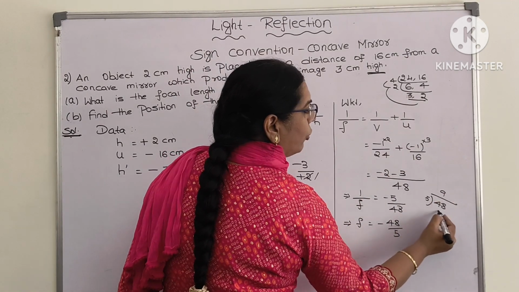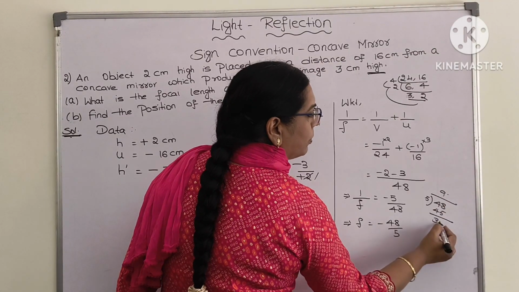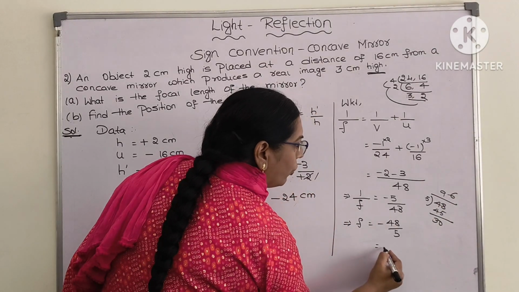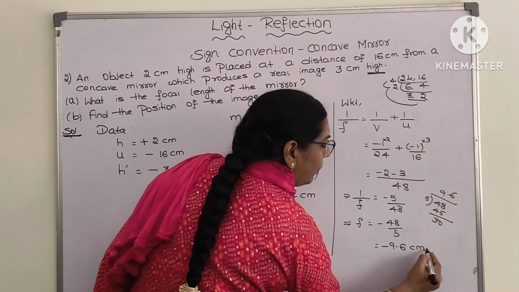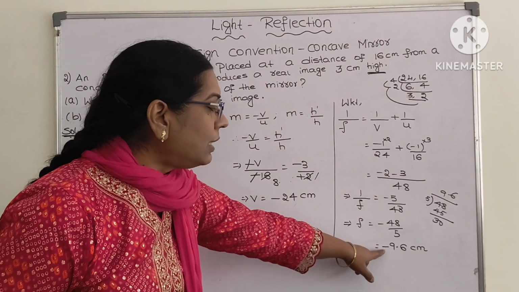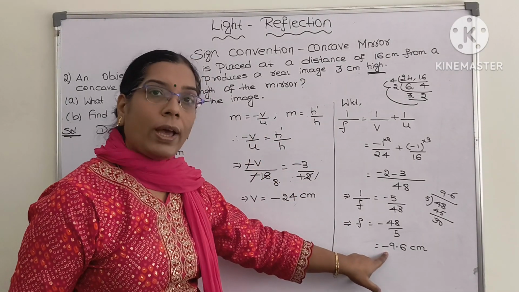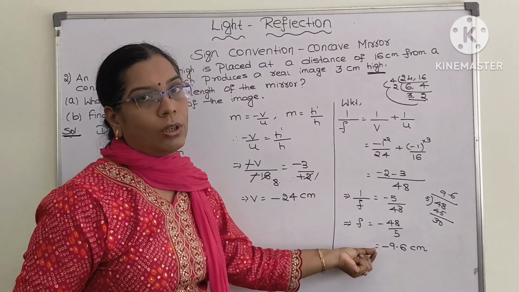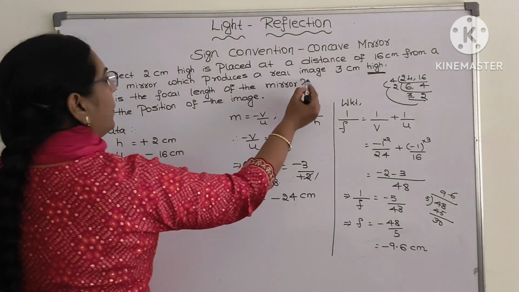So 5 nines 45. 3 is left over. Put a decimal, 6. So what is the focal length? Minus 9.6 centimeters. The focal length. Since the focal length also lies in front of the mirror, you have to get a negative sign when you solve the numerator. Okay, we are done with the first part.